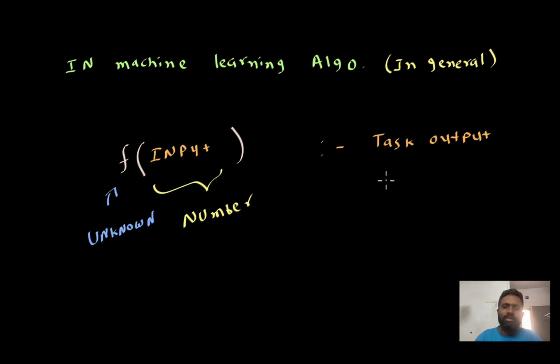For ChatGPT or a voice-controlled virtual assistant, this could be responses, question answering, anything. So basically there is a certain unknown function of the input, and we want a machine to learn this function.